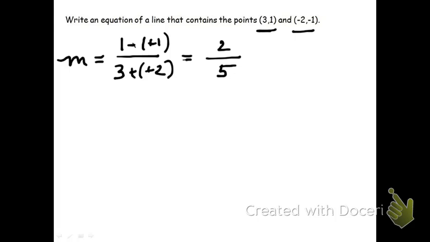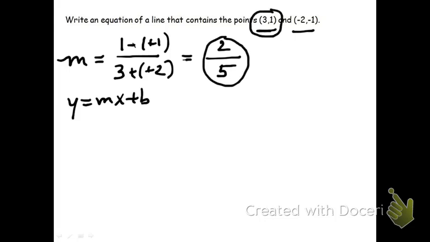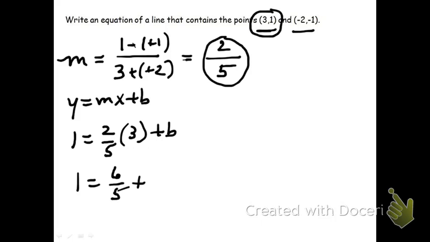Now I need my y-intercept, or the b. Again, I'm going to use the slope-intercept form, y equals mx plus b. I've got my slope here. I'm going to pick one of these points, I'll just use (3, 1). It doesn't matter which point, you'll end up with the same answer as long as you do everything correctly. Plug the y value in. My slope is 2/5 times the x value, which is 3, plus b. So 1 equals 6/5 plus b.